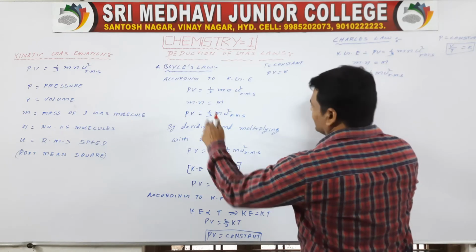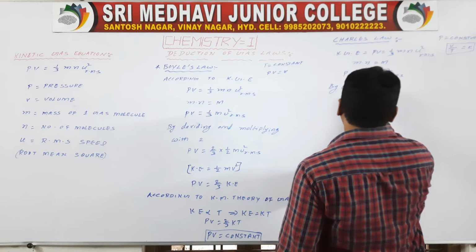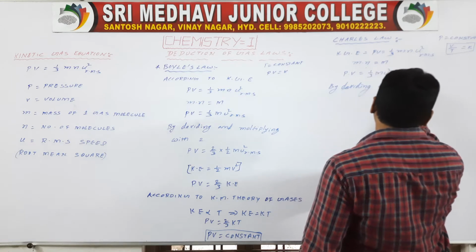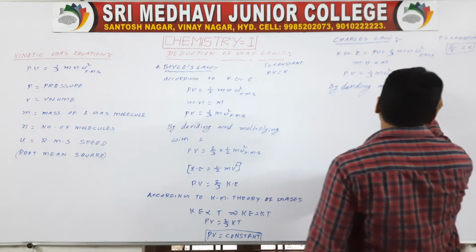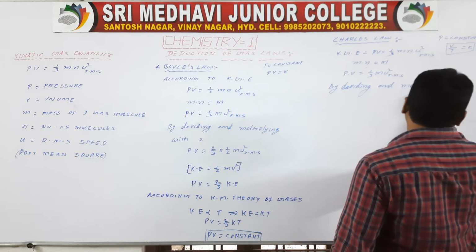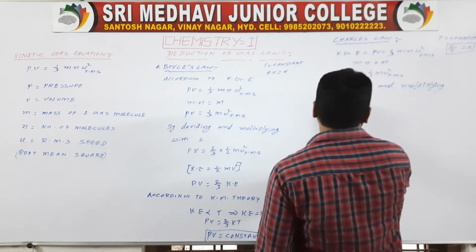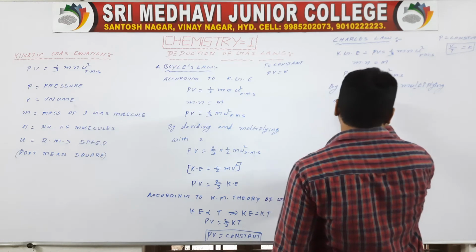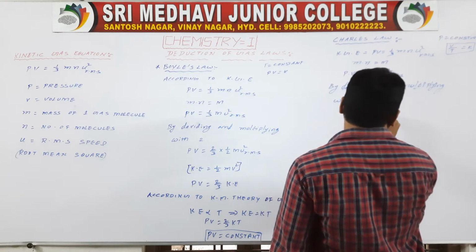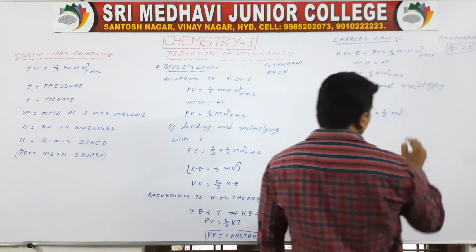Then by dividing and multiplying with 2, PV equal to 2 by 3 into 1 by 2 M u square RMS.